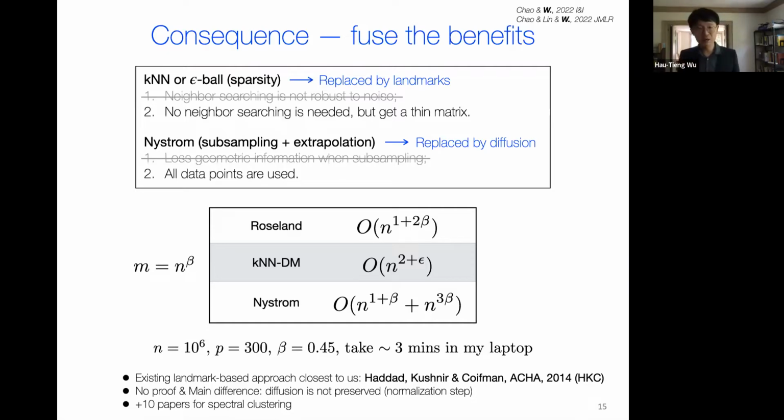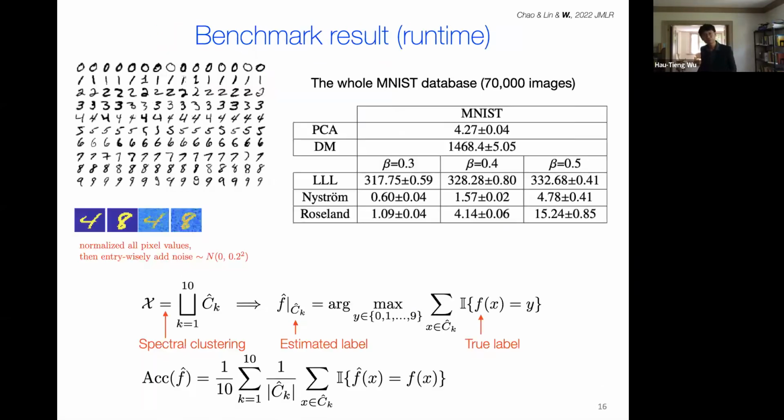And there have been many papers using landmarks to do spectral clustering and some combinations, but to my knowledge, they do not have proof. And the normalization schemes are different from ours.